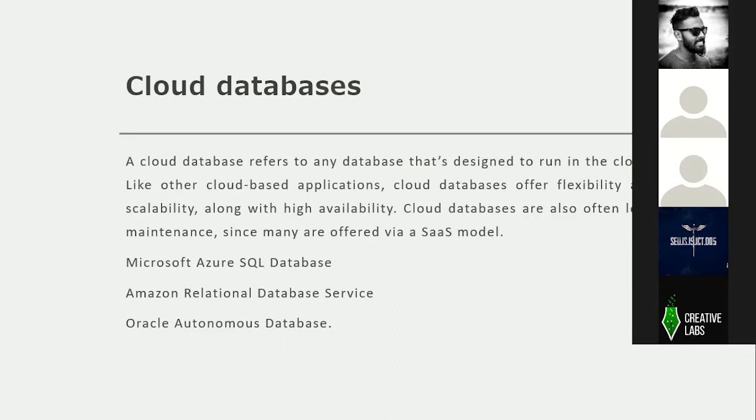Each of them provides their own set of databases as a service, so software as a service. Those databases are like Azure SQL databases, I mentioned RDS and Oracle Autonomous Database. Likewise, each and every cloud provider provides their separate cloud databases to the end users.